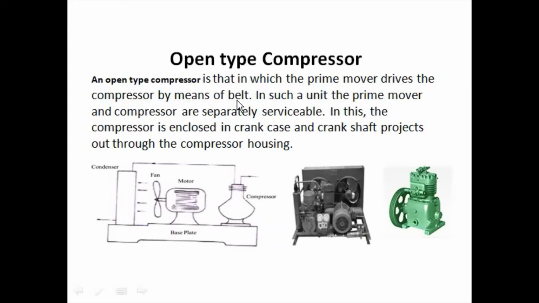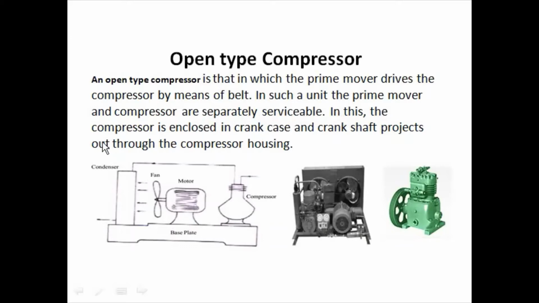Here we need a belt in order to drive the motion. In such a unit, the prime mover and the compressor are separately serviceable. Understand this: they are not in the same housing, they are separated.